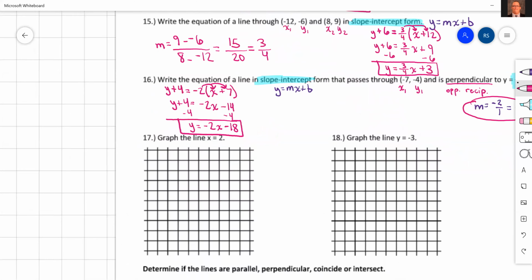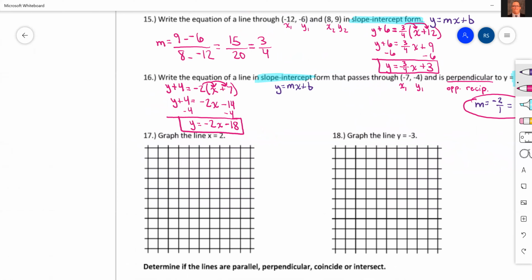Okay, on to 17. First thing I want to do is draw my axes. These will be normal. So there's my y-axis. There's my x-axis. Now, they want me to graph the line x equals 2. Okay, I'll go to x and put a point at 2.